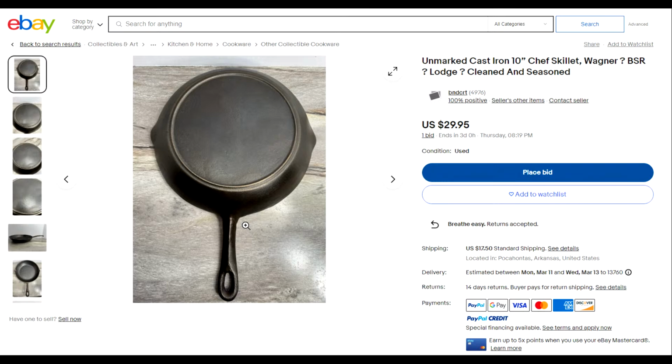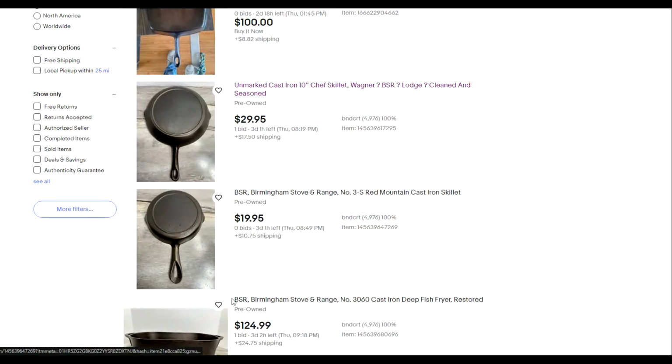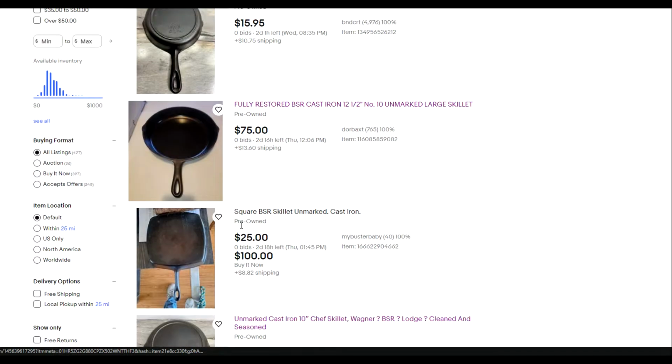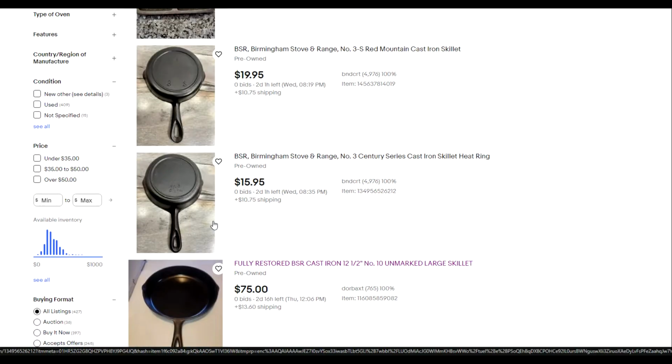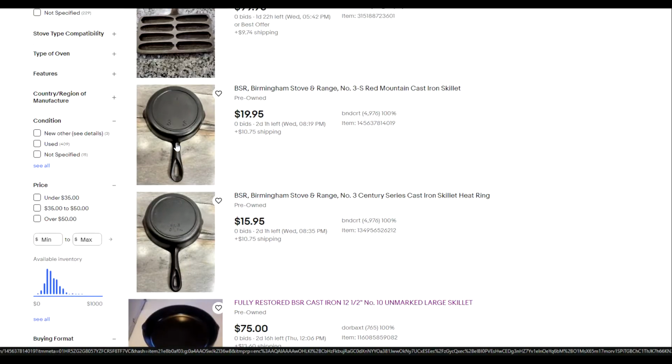Anyway, it's a nice looking chef skillet, that's for sure. But again, as I said, most of these eBay prices are still too rich for my blood. I will admit that so far of the pieces we've seen in these past few minutes, this 3S may actually be tempting.